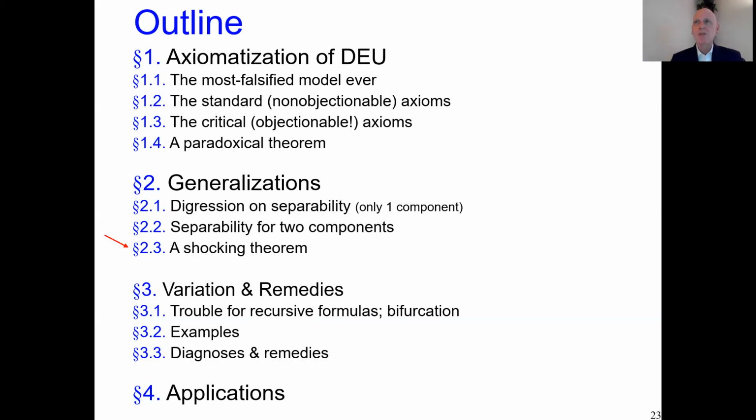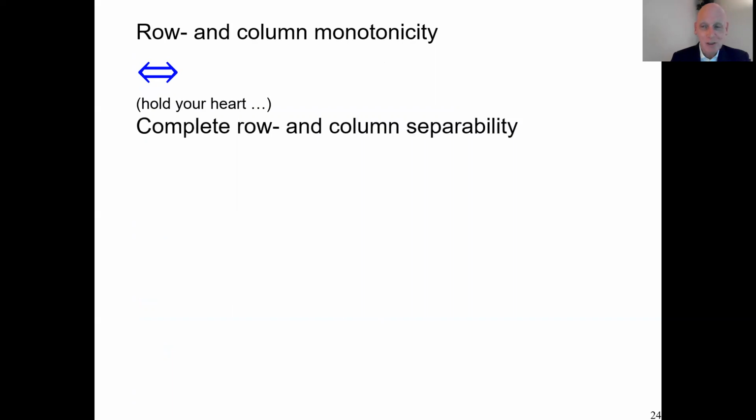Well, now time is coming for a shocking theorem. Theorem: row and column monotonicity are equivalent to, now watch out, fasten your seatbelts, so to say, complete row and column separability. Now you may feel a bit confused.